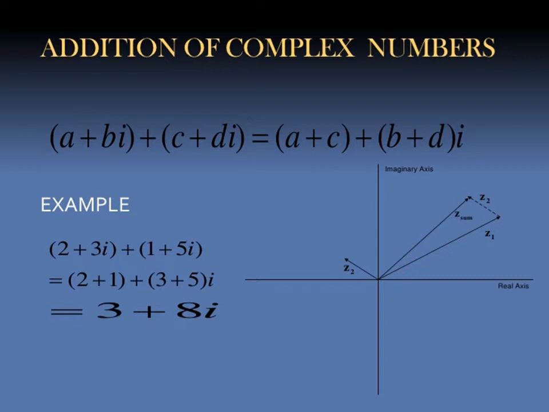When we add these two complex numbers, how do we add them? Let us see. We add the real parts of these two: the real part of the complex number z1 is a, and the real part of the second complex number is c.